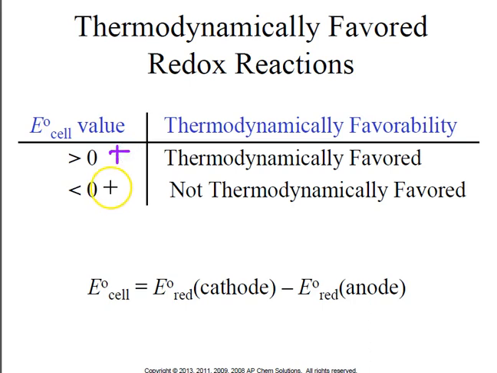But if we calculate an E cell value that is negative, that will not be thermodynamically favorable. Now a reminder, for calculating the E cell value, we take the cathode's reduction potential and change the sign or subtract the anode's reduction potential and put those together, and that gives us the standard reduction potential for the entire system.